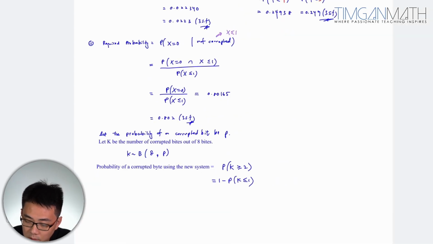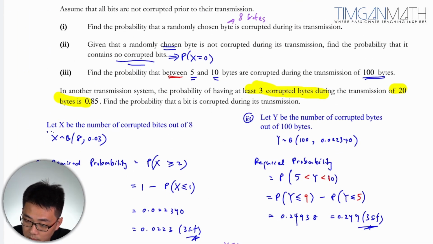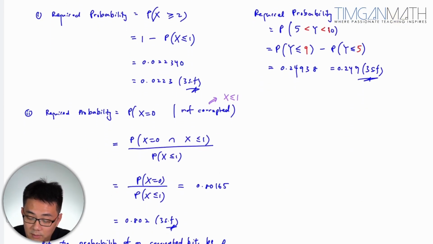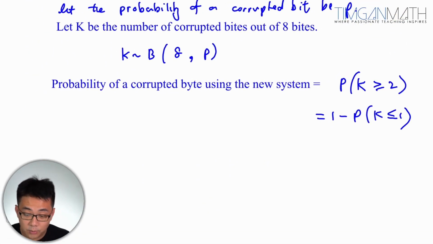Okay. Now the thing now is we are told that 20 bytes 0.85, right? Find probably that the bit, so we need to find p. So we're told that having at least 3 corrupted bytes during a 20 bytes transmission would be 0.85. So there's another probability.